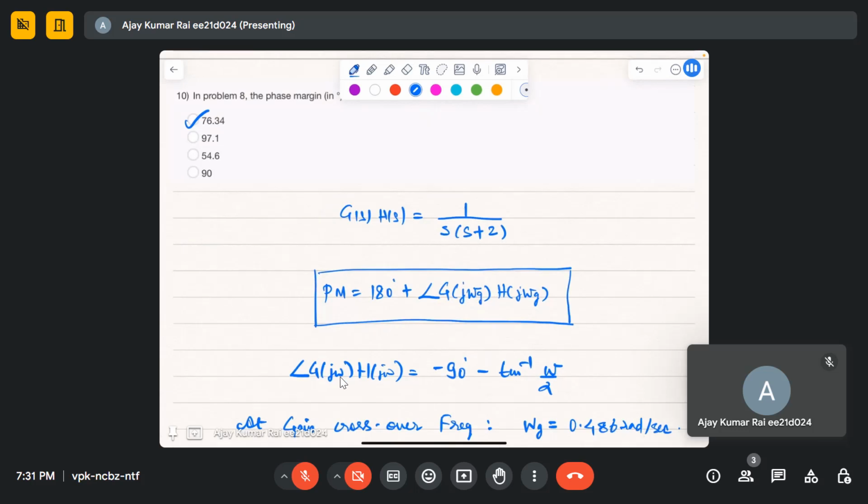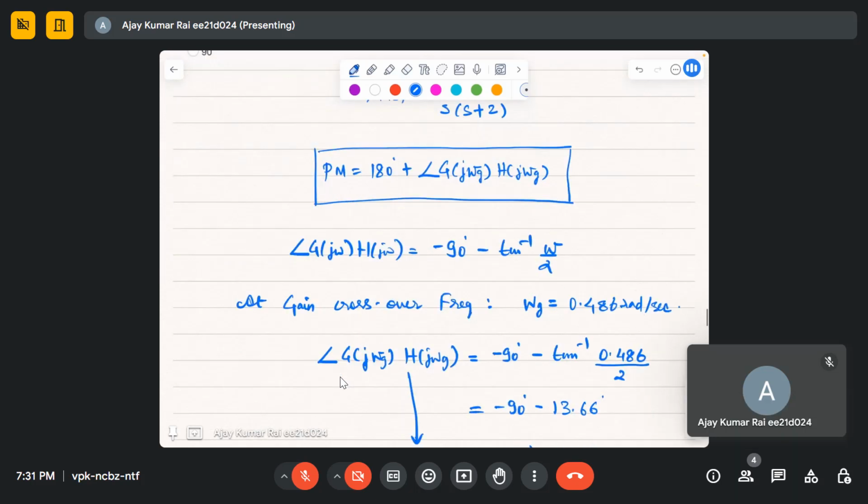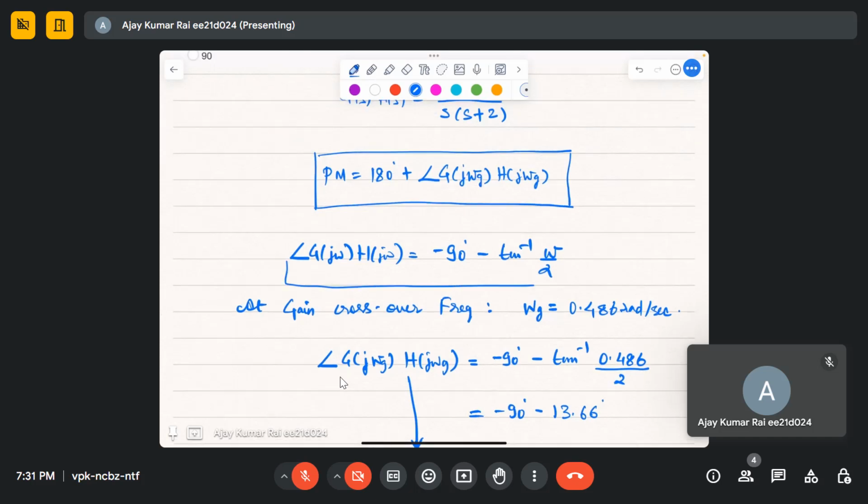Okay, so you should know the definition of phase margin, which is equal to 180 degree plus the angle. So we have to calculate the phase at gain crossover frequency. What we know about the transfer function is this is the gain, this is the phase at any omega.